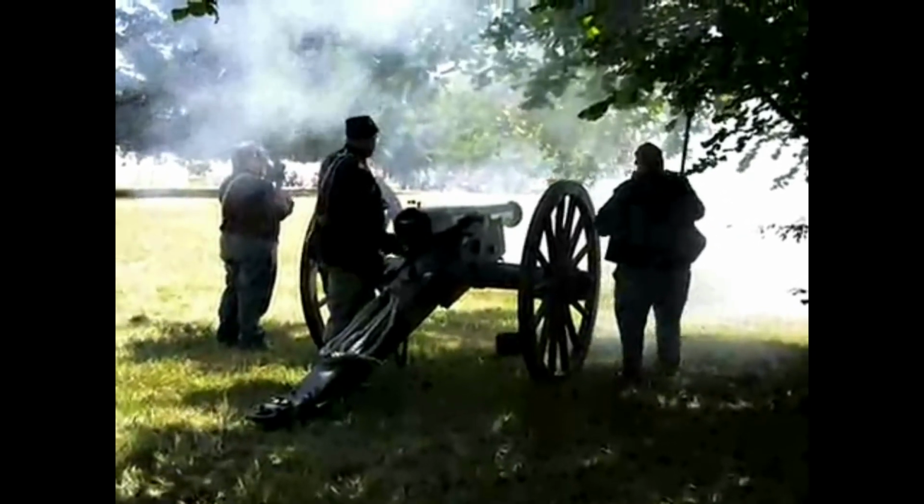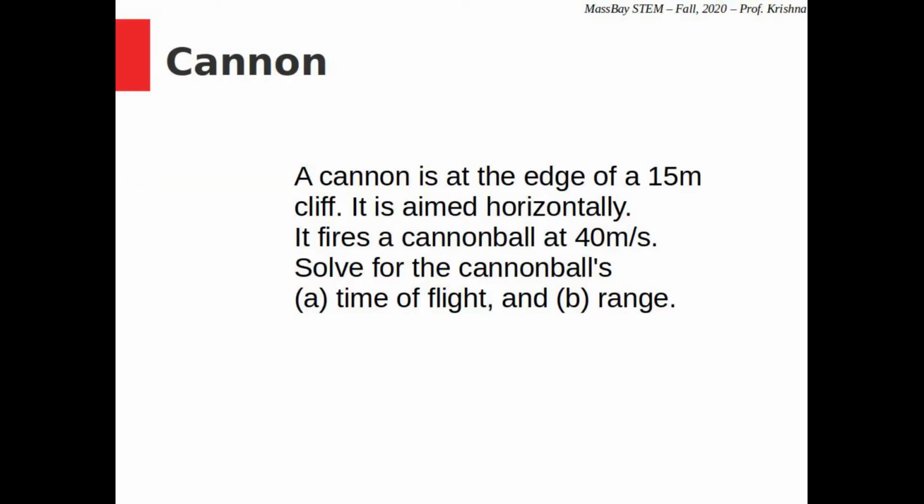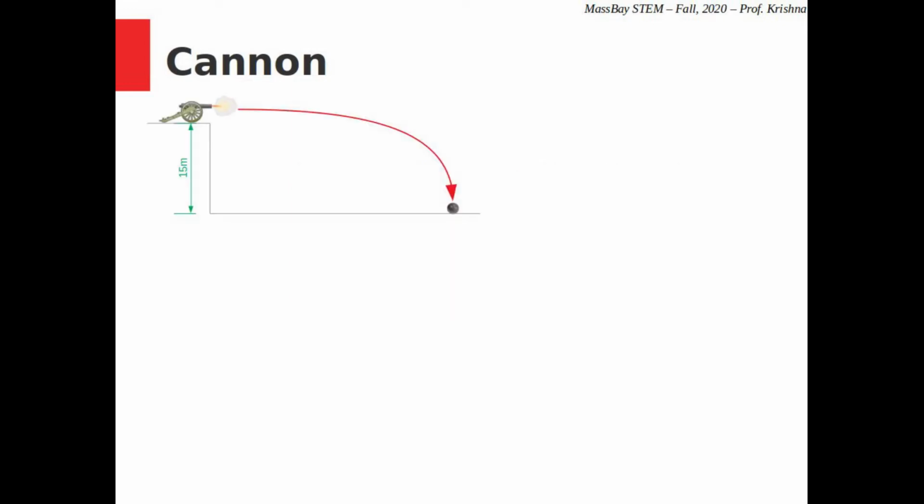Consider this situation. A cannon is at the edge of a 15-meter cliff. It is aimed horizontally. It fires a cannonball at 40 meters per second. Solve for the cannonball's A, time of flight, and B, range. We'll start by drawing a picture.